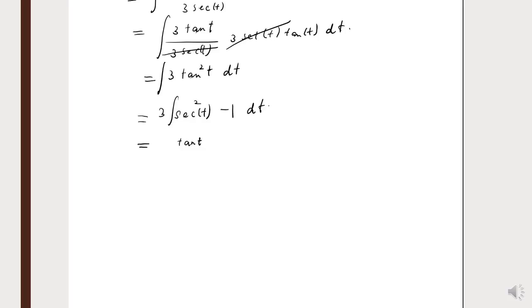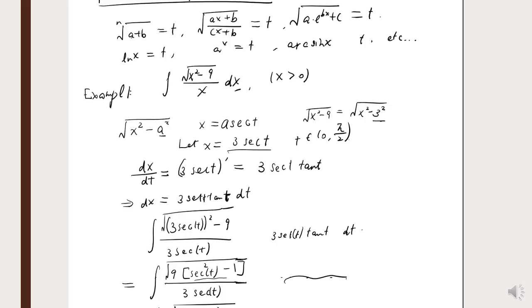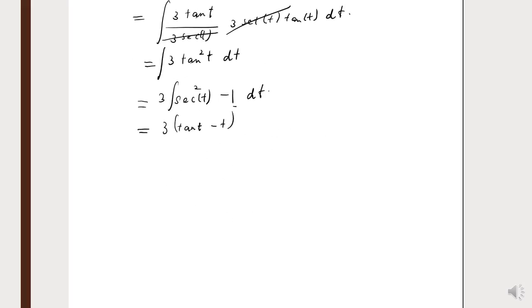And of course, the integral of minus 1 will be minus t. So I put 3 here. That's one of the original functions for our derivative function.